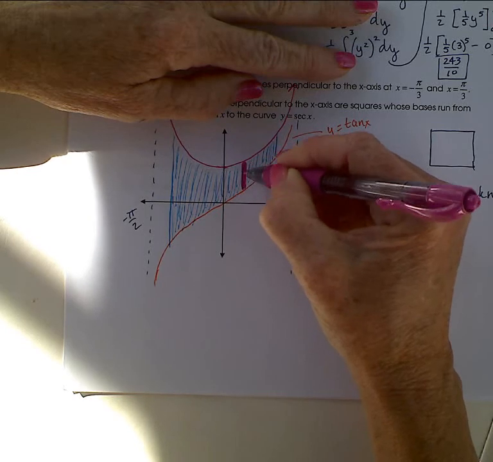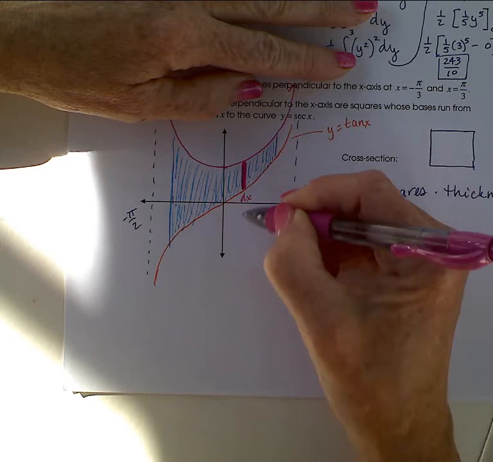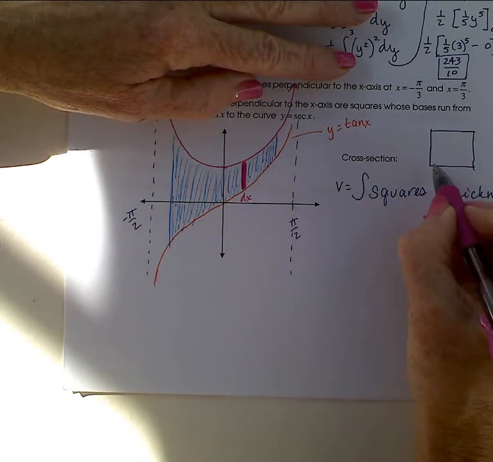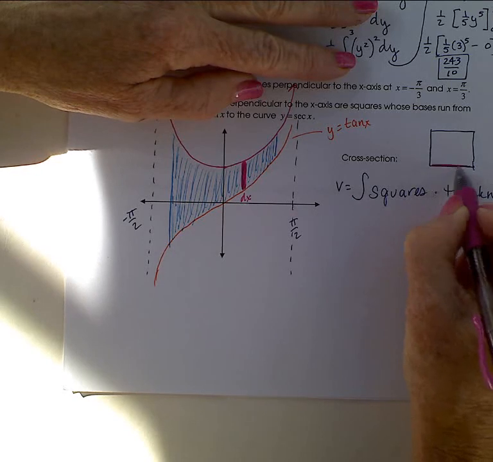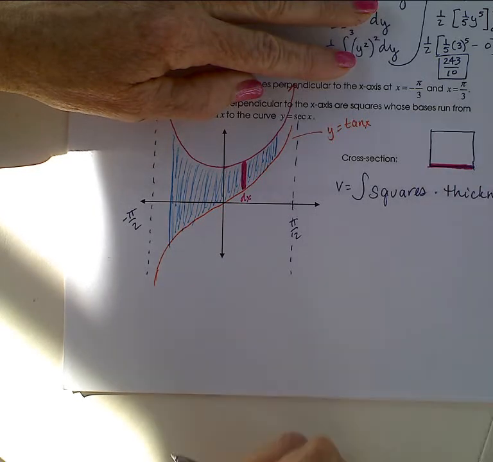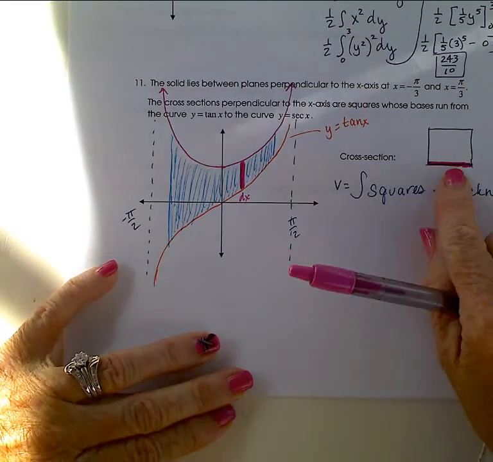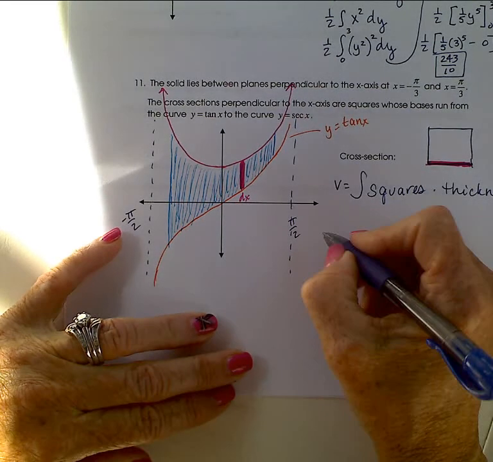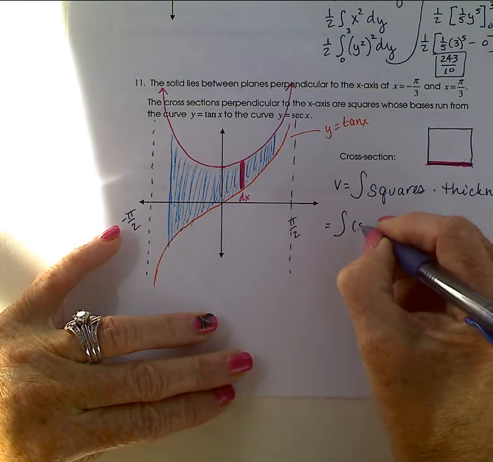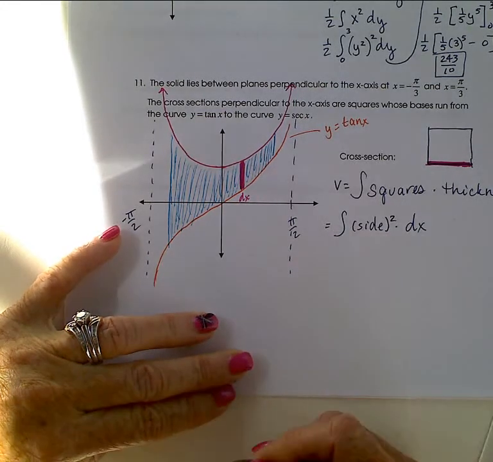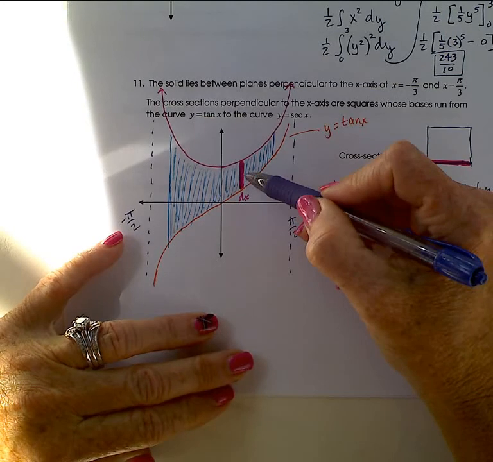Right there, that tells you it's a dx cross section. Base of a square in here. Okay, now that length right there is our side length.